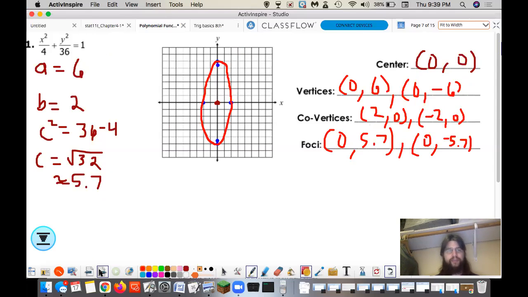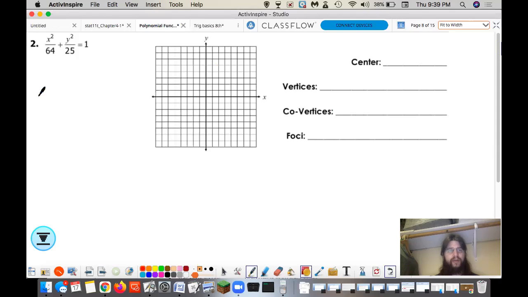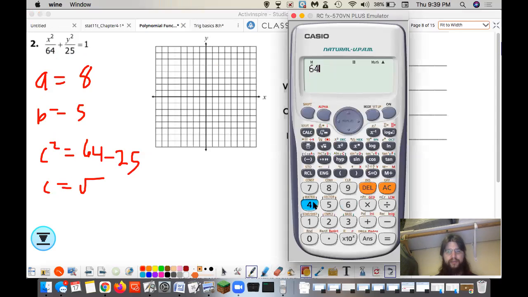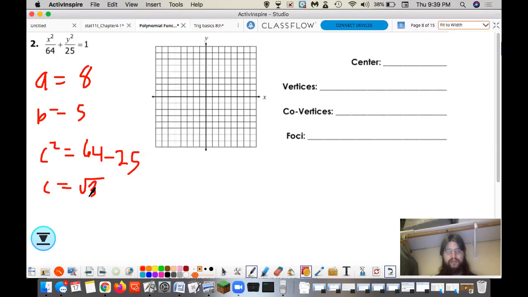Let's do another example. A, which one of these is bigger? 64 is bigger, square root of 64 is 8. Then B has to be 5, which means C squared is going to be 64 minus 25. So C is the square root of something or another. 64 minus 25 is 39.